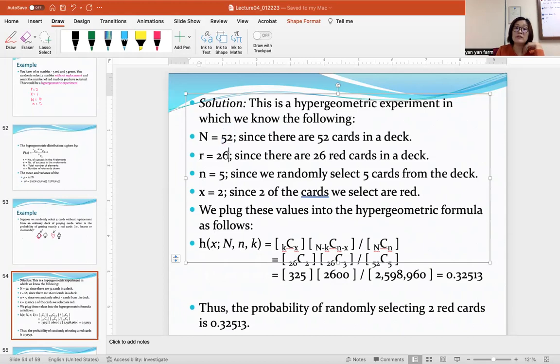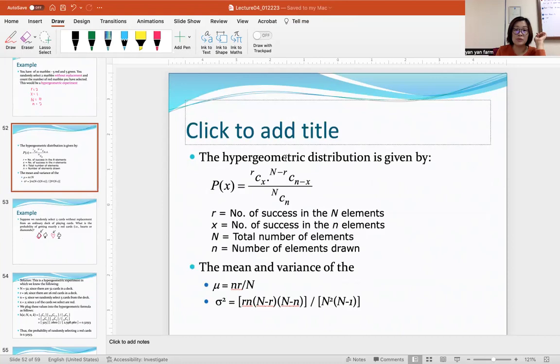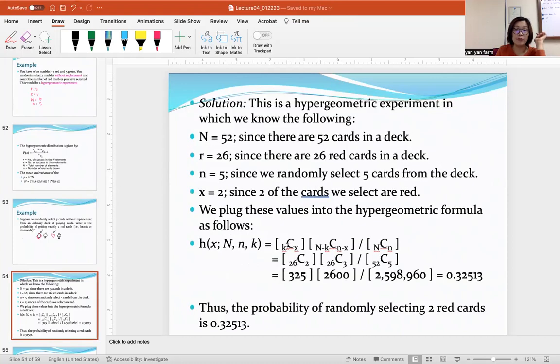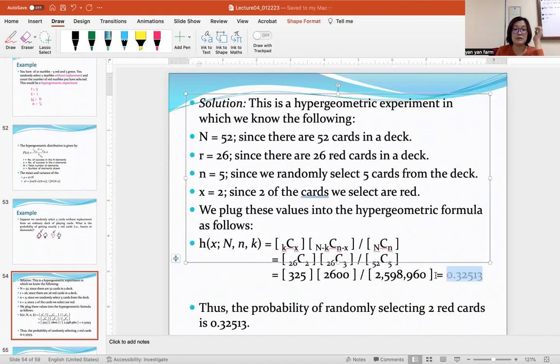You have the chance to get 26 because you're looking for the red ones. From the overall, you only select 5. And from the 5, 2 of them are red. So we plug this value into this formula, and then you can get your answer.